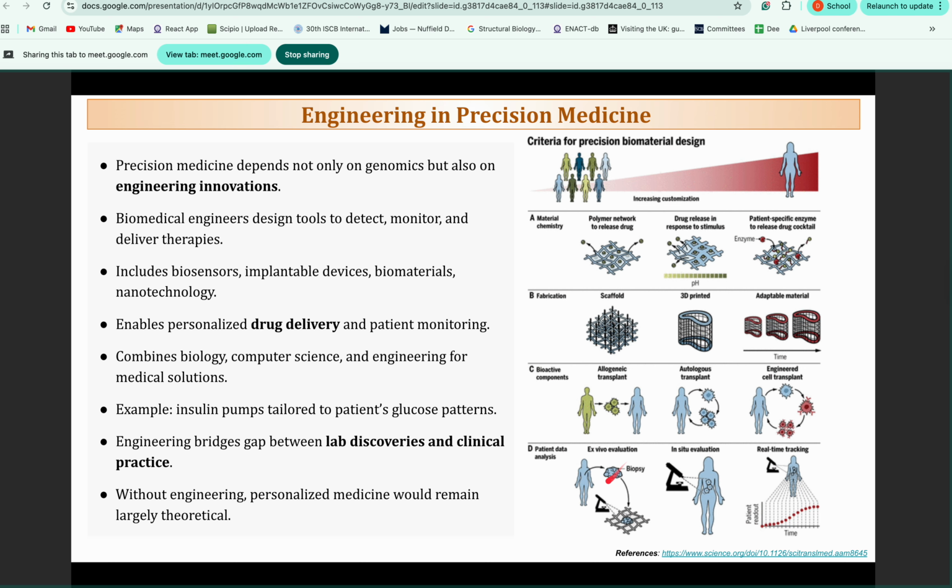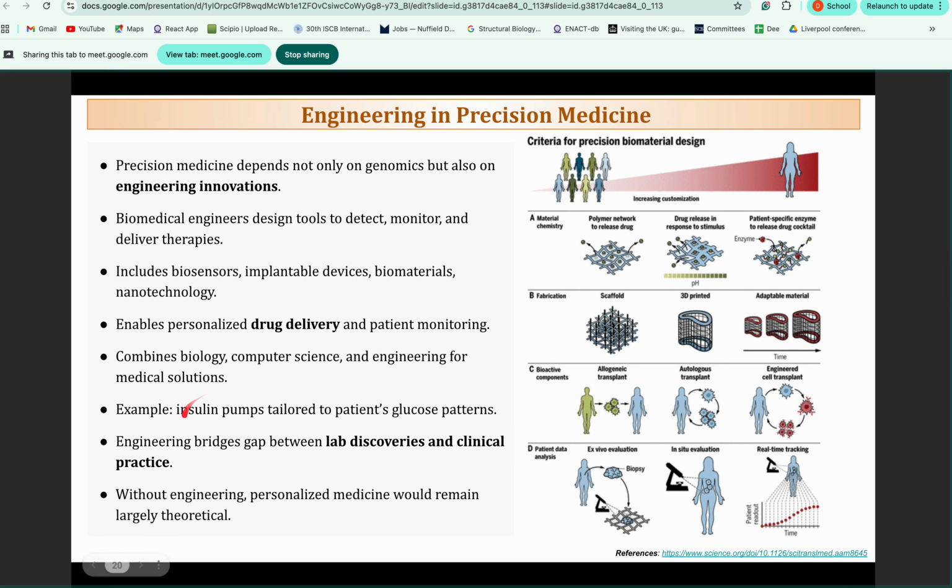For a biopsy, the materials are required to keep those samples and then study them. In situ evaluation also requires engineering techniques. Real time tracking: these biomaterials can do the tracking in real time. All these things come under engineering innovations, because with the help of these innovations, we can now design all these materials effectively.